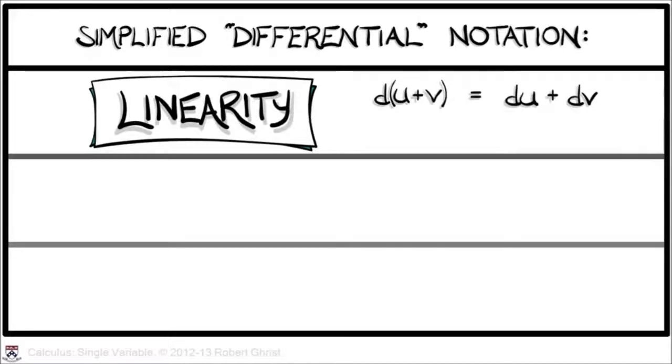First, what you might call a summation rule, that the derivative of the function u plus v is the derivative of u plus the derivative of v. The second part of linearity says that if we multiply u by a constant c and take its derivative, what we get is that constant c times the derivative of u.